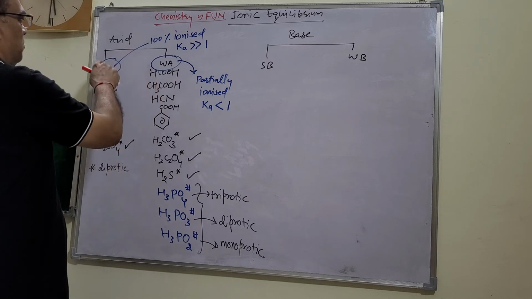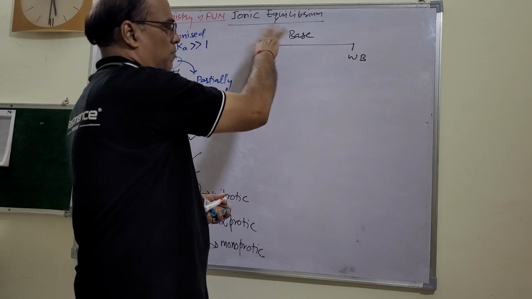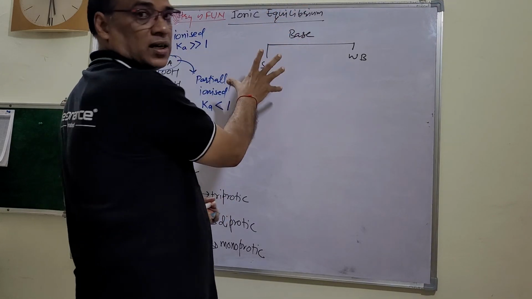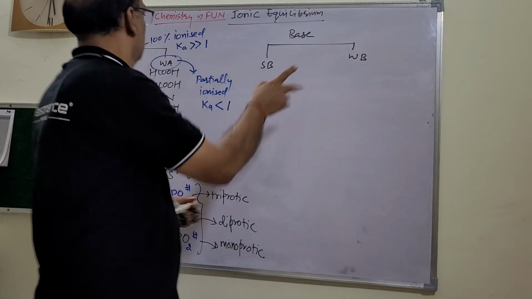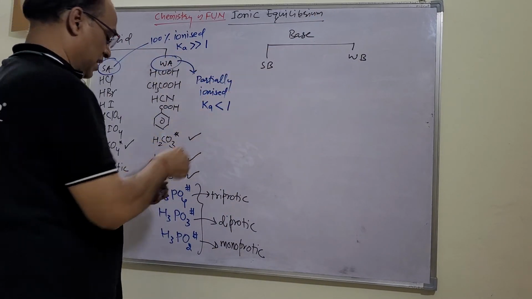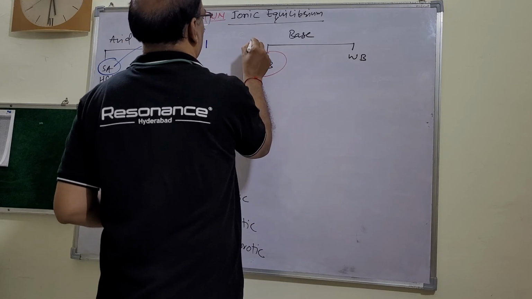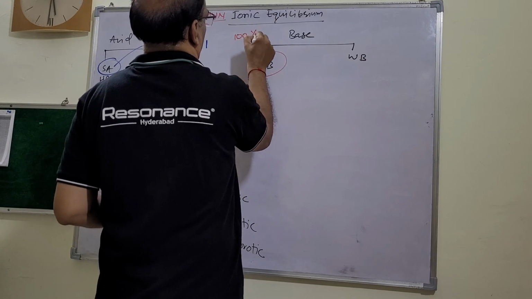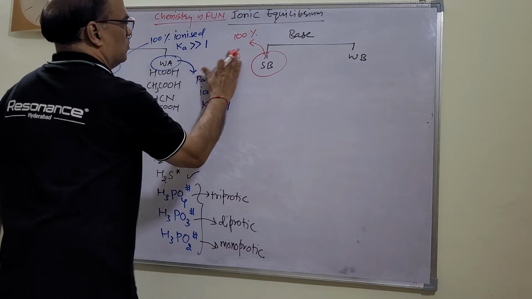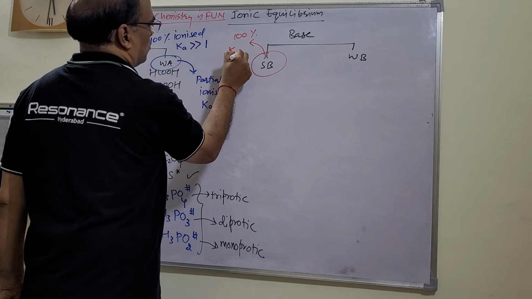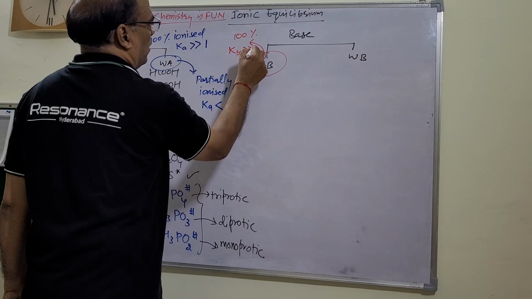So what is the meaning of strong? What is the meaning of weak? That you have understood. Same meaning I can apply here. Strong base again 100% ionized, weak base partially ionized. Same here, Ka replaced by Kb. So once again, strong base means 100% ionized, and Kb, which we now call the base constant, is very much greater than 1.